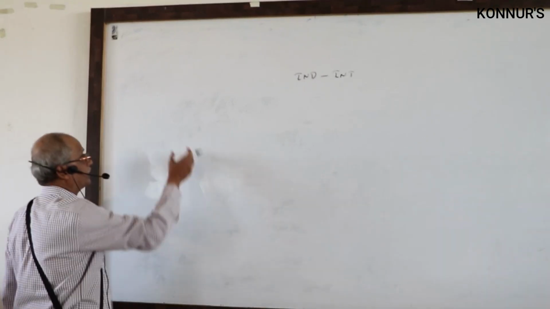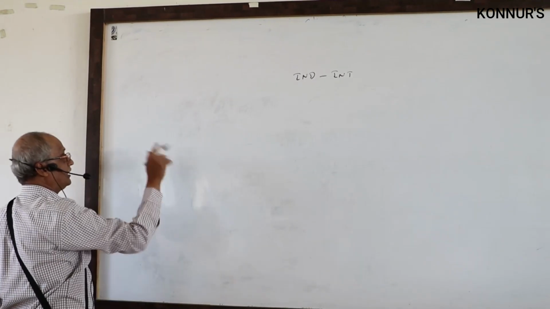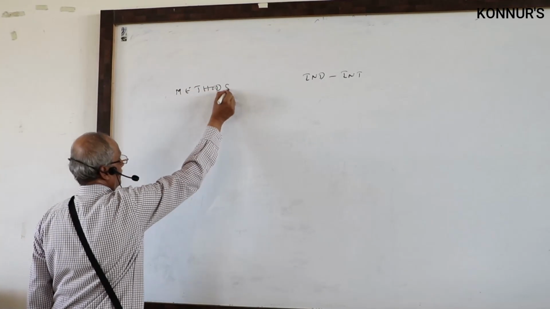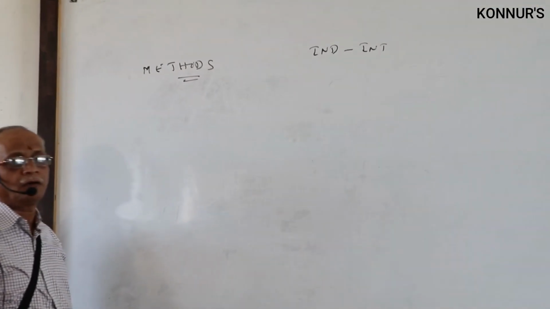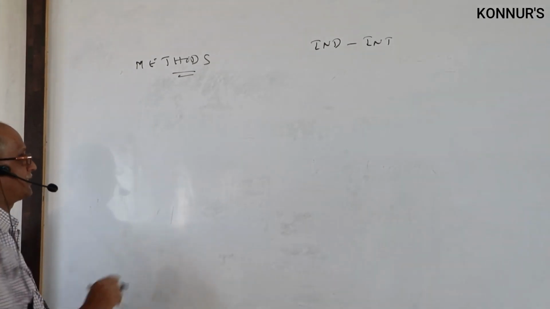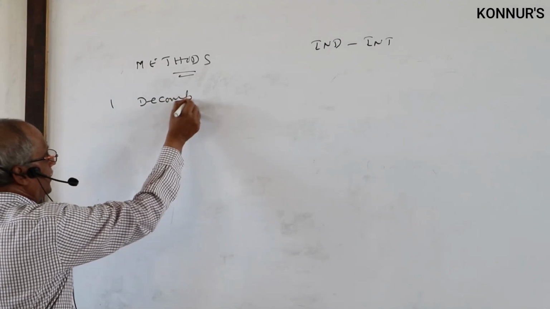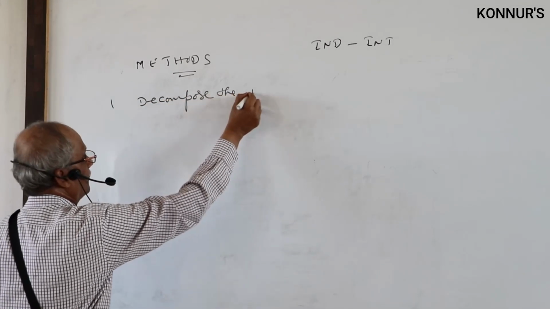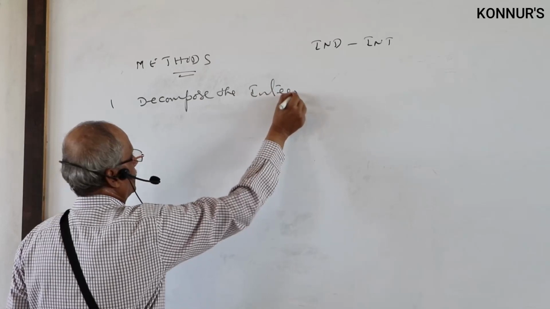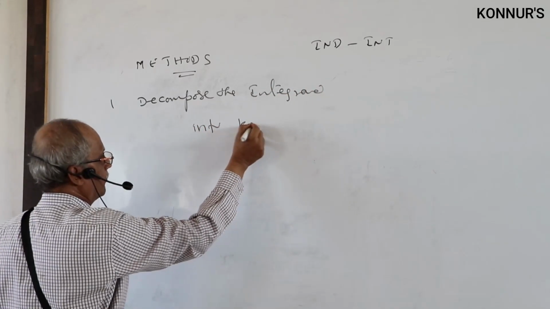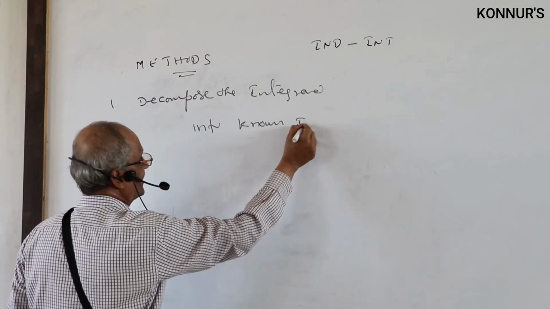Like in differentiation I gave methods of differentiation, here also we have different methods to find the integral of a given function. First point: decompose the integrand into known integrals.